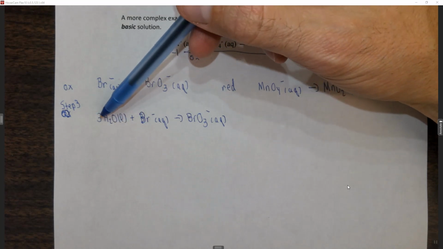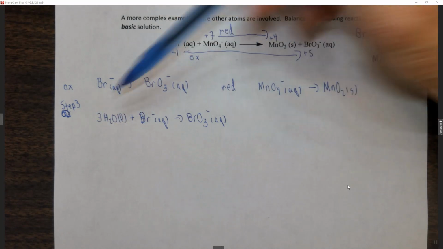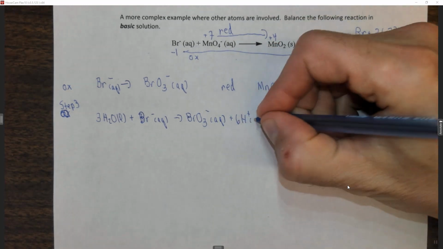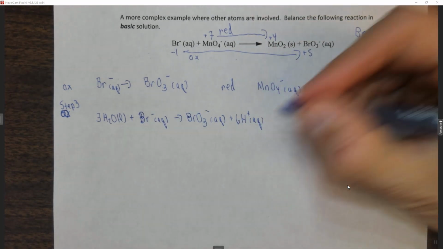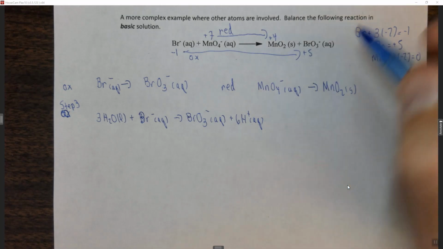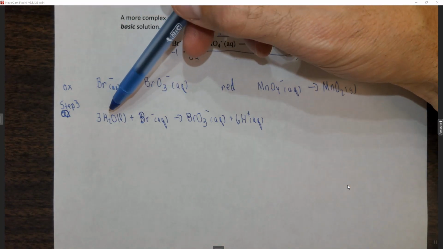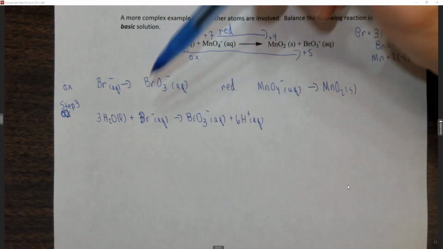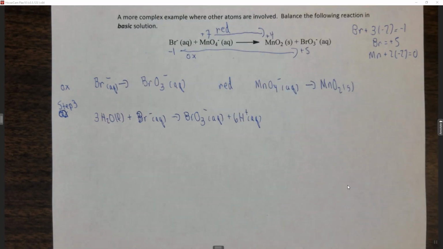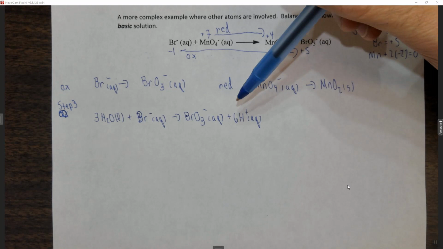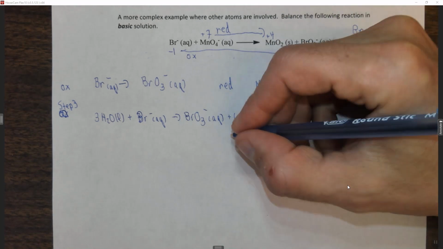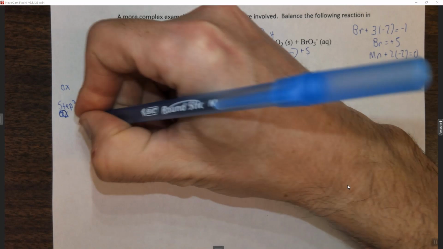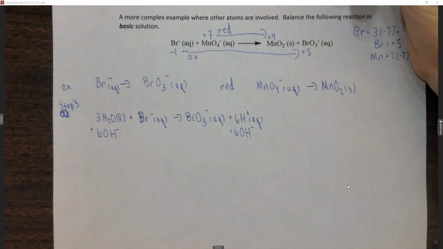In this case, we want to have 6 H+ on this side, because that will balance out our 6 hydrogens. Before we finish this, we need to check: do we have the same number of each element? We have 1 bromine on each side, 3 oxygens, 6 H's, and 6 H's. But now this is in base, so we need to neutralize this by adding 6 OH⁻ over here, and adding 6 OH⁻ over here.